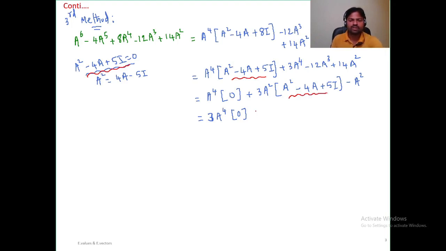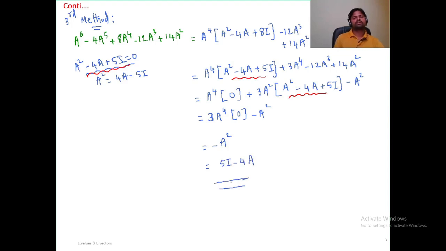And finally what is left? Minus a square. So finally it is minus a square. What is a square value? 4a minus 5. So minus a square value is 5a minus 4a. That's it.